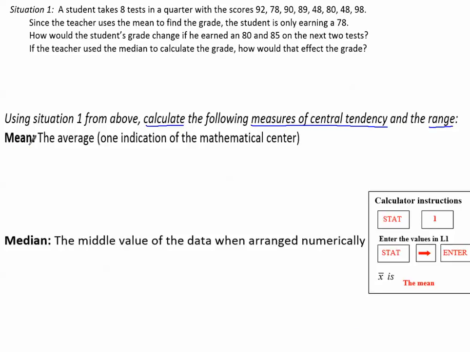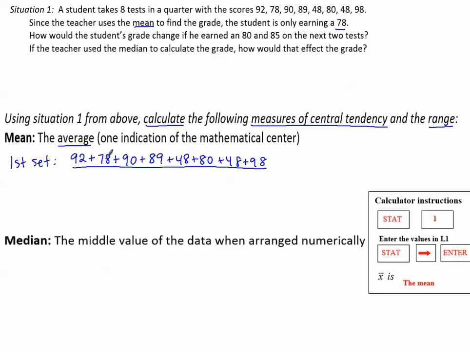Now, the mean was already calculated for us in the problem. The mean is 78, but let's review how to calculate it. The mean is the average. It's one indication of the mathematical center. So for the first set, finding the mean would be to add all of the 8 data points, 92 plus 78 plus 90 plus 89 plus 48 plus 80 plus 48 plus 98, and divide by how many we have. 1, 2, 3, 4, 5, 6, 7, 8.